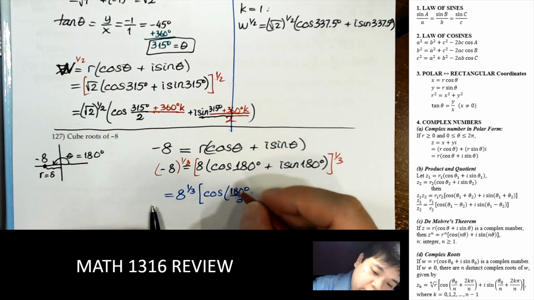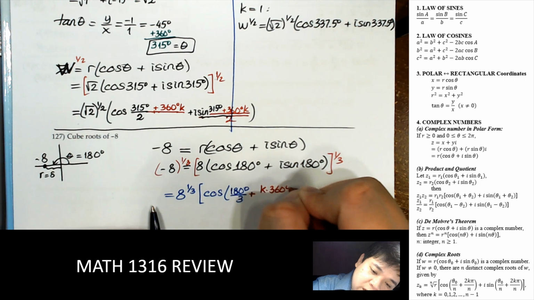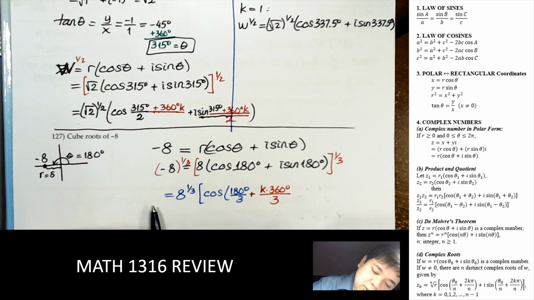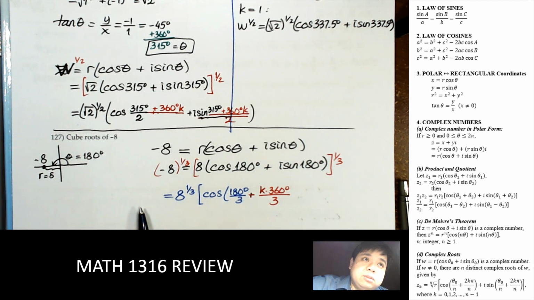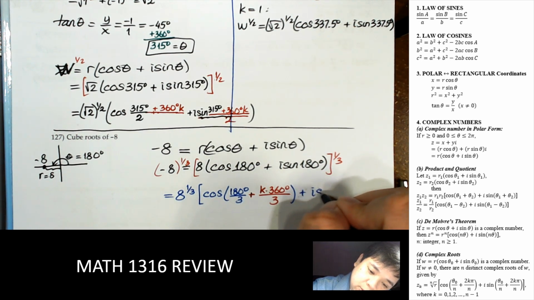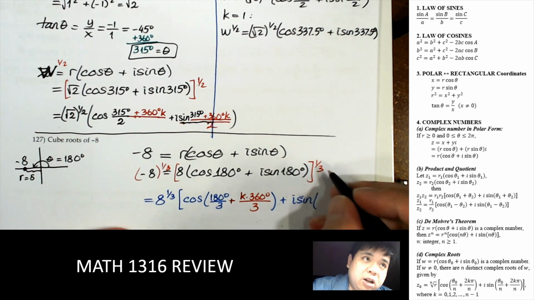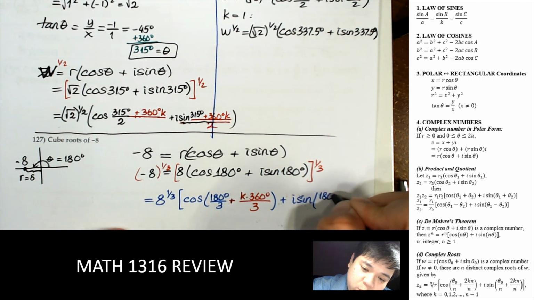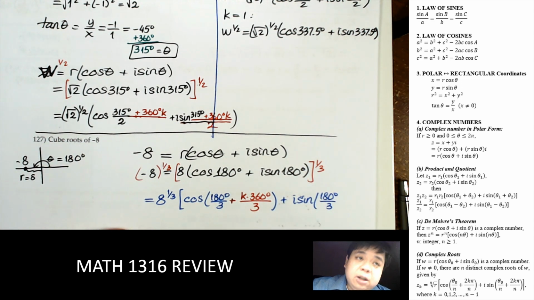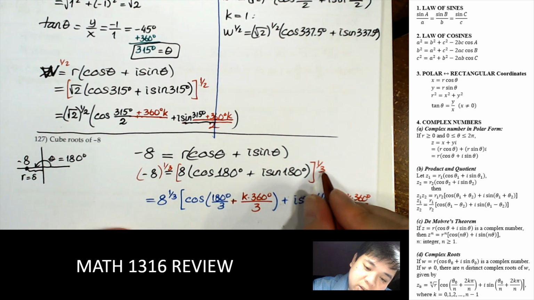And then don't forget in that theorem we have to add a multiple of 360 divided by the same number, plus I sine of 180 divided by 3 plus a multiple of 360 divided by the same number, 3.